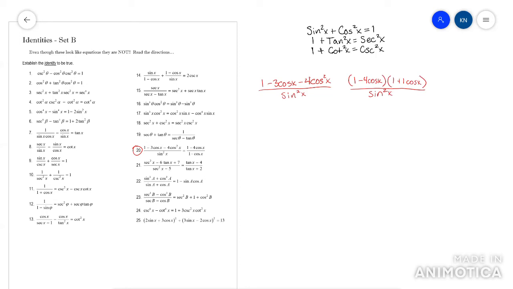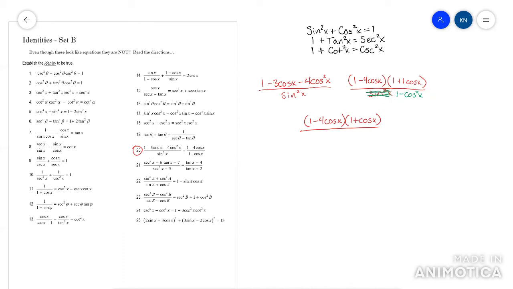Okay, now this bottom part, sine squared, I'd be changing this. Using rule 1, I can change this to be 1 minus cosine squared, which is a difference of squares. So my top hasn't changed yet. But the bottom, you can also factor this.